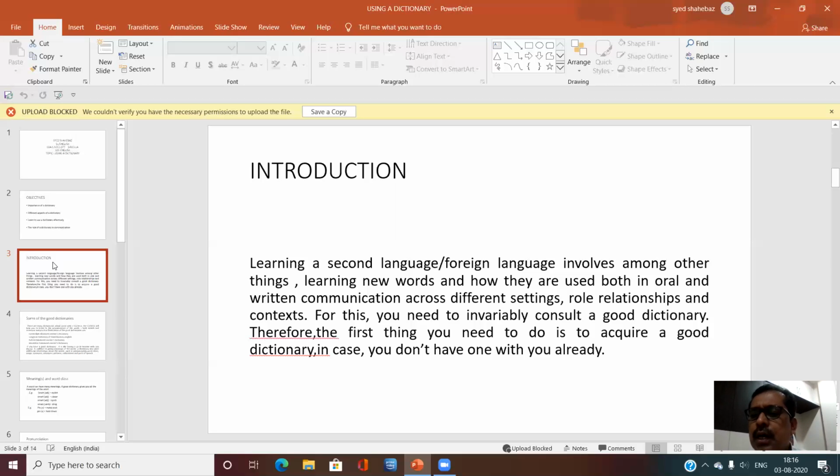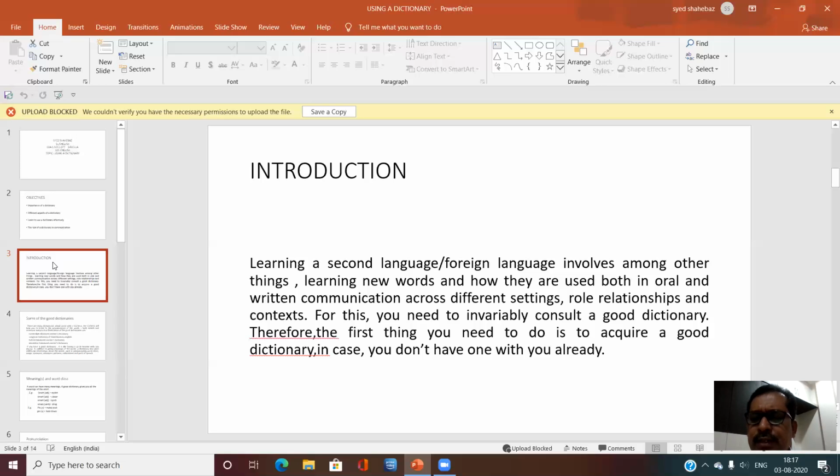So I always advise my students in the first semester itself to purchase a good dictionary. The investment you make on the dictionary comes back to you a thousandfold.